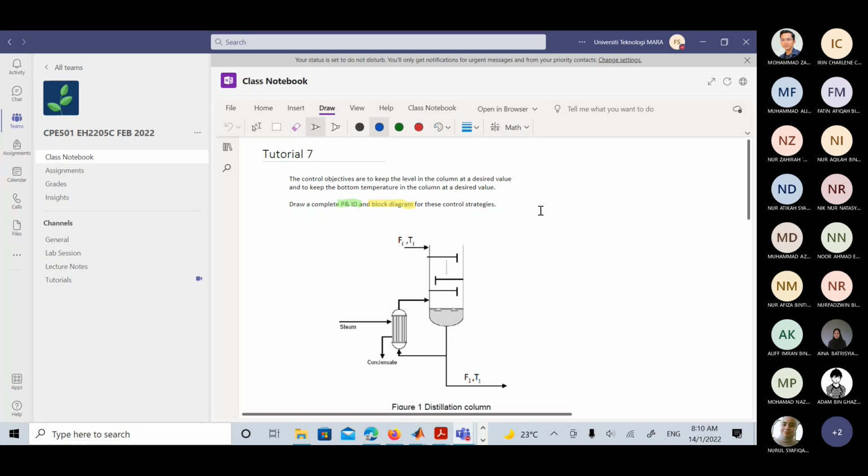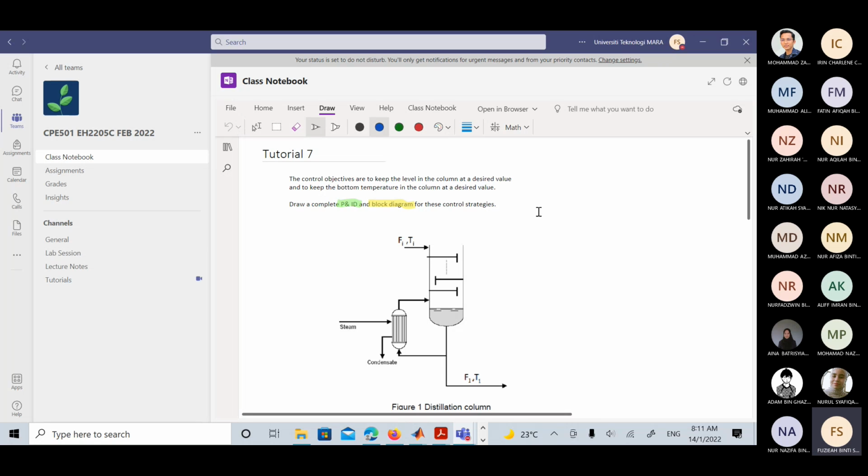So basically in control we have a control loop. In order to detect the level, we need a what? Level transmitter. Yes, level transmitter. Where do we place our level transmitter? Tank.